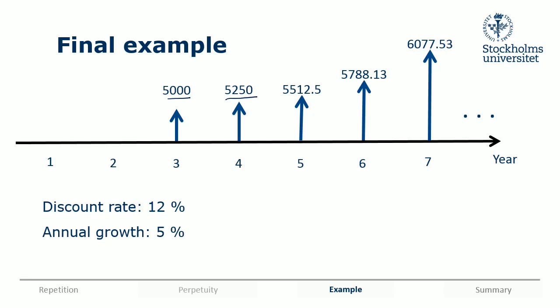So if we should calculate the net present value of this cash flow stream, it might be a good idea to use the present value of a growing annuity formula, as we have used before.